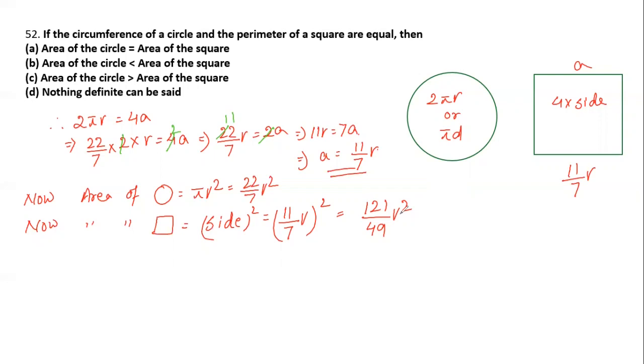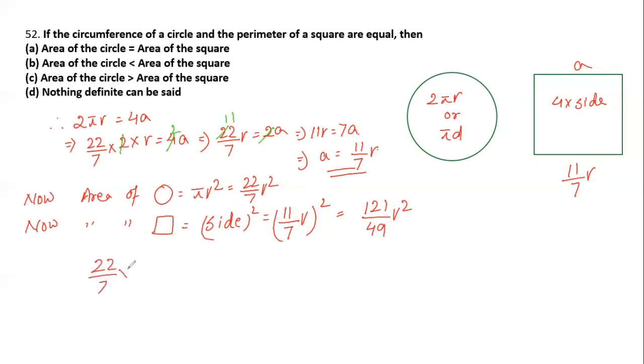For 121, is any simplification happening? Check. 121/7 is not happening, and 3 from 49, no. So we will keep the second one like this only. Okay, so what will we do with this?